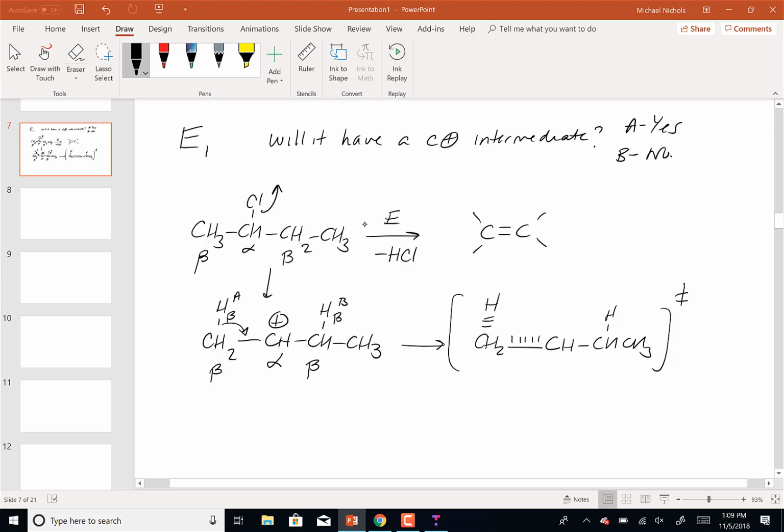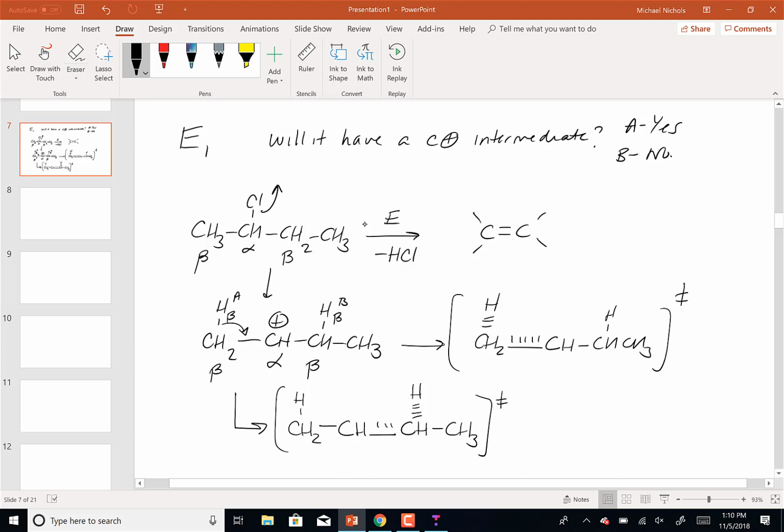And then for losing HB, I'm going to have the same kind of transition state, only in this case a partial bond to HB, a partial double bond forming to the carbocation.